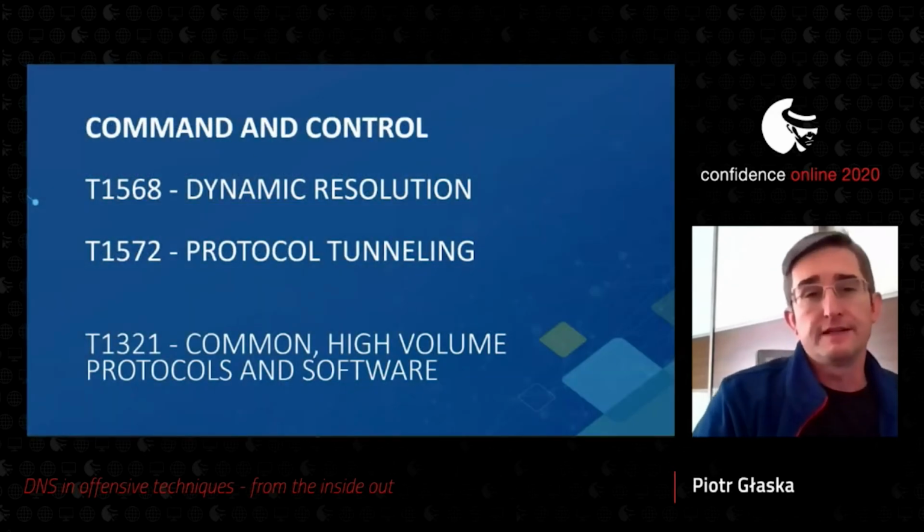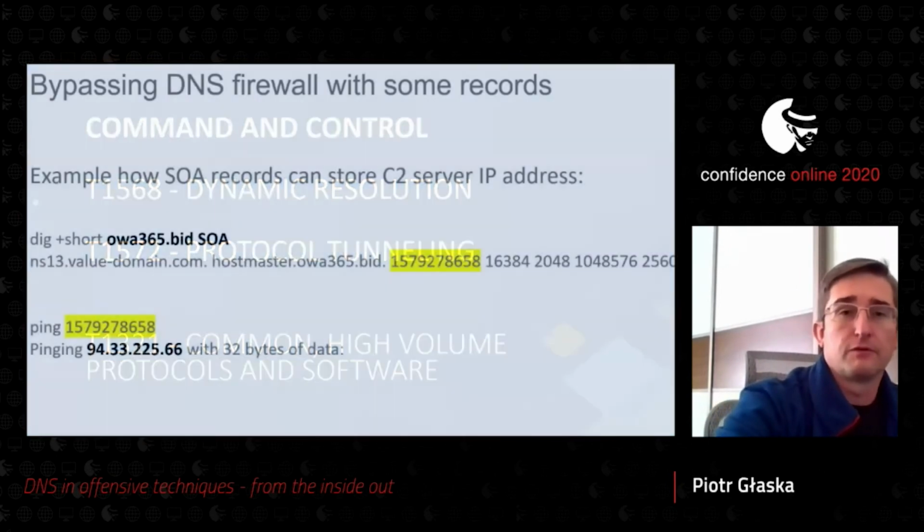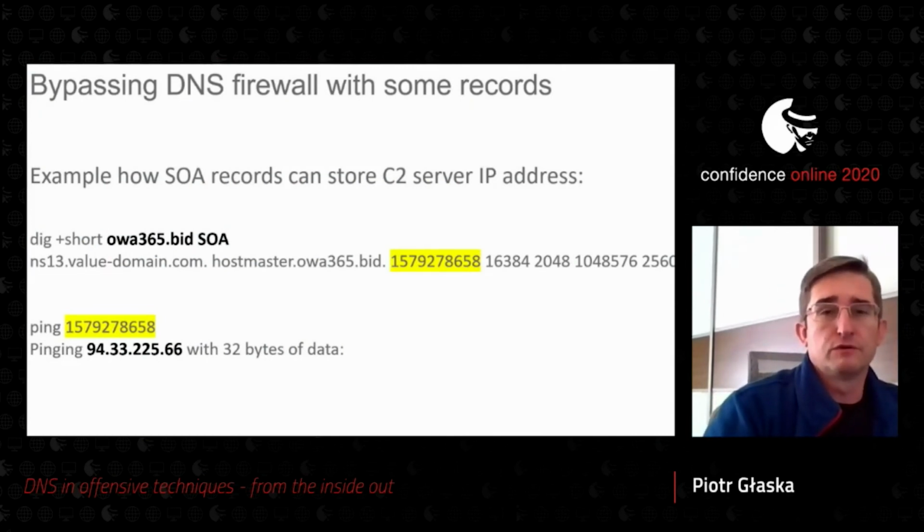Next techniques in command and control phase: dynamic resolution and protocol tunneling. With dynamic resolution, you can use DNS in different ways to resolve an IP address. And here, going back to the previous example, you can, for example, use SOA record to get the IP address of the C2 server.